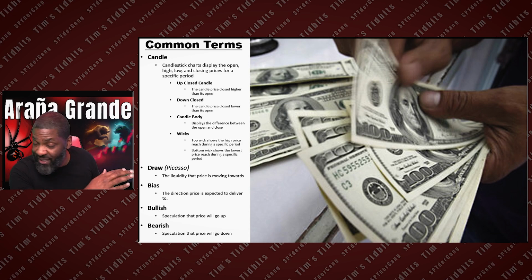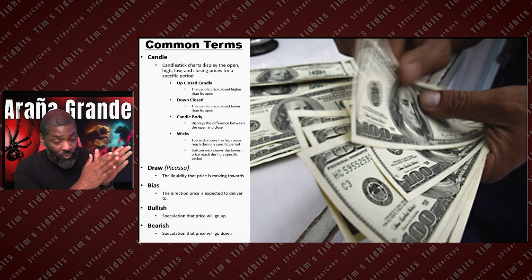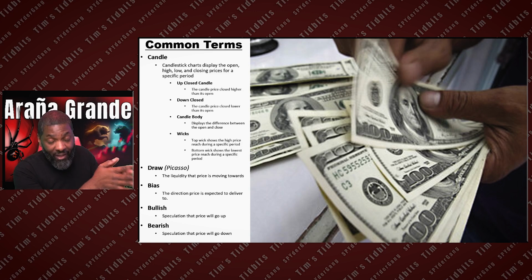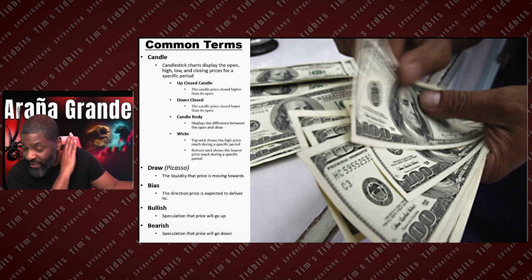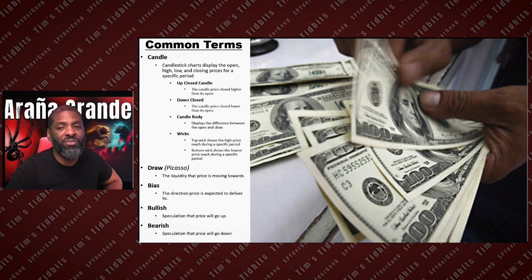The bias can be opposite of the draw. The bias can be in the same direction of the draw. Right? So your bias is the direction you expect price to deliver to. The draw is the place where you expect price to end up. You want it to end up at this place. You want to be at Picasso's house, sipping on tea with him.